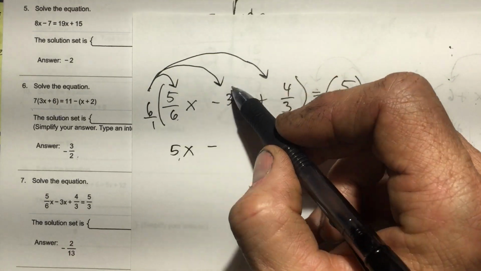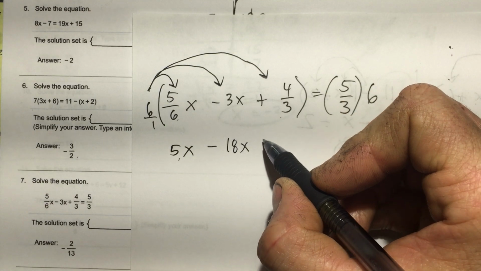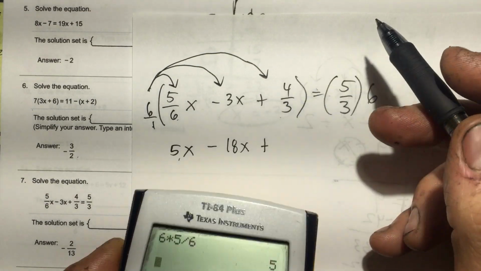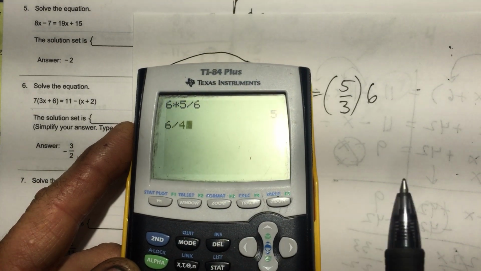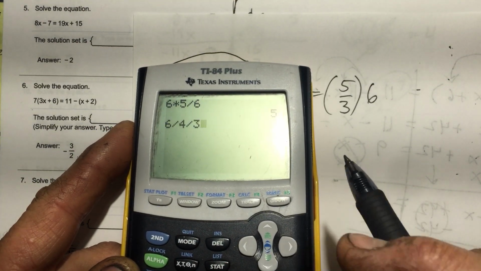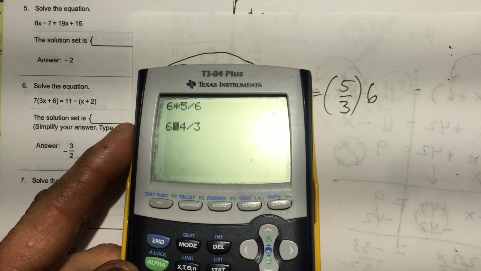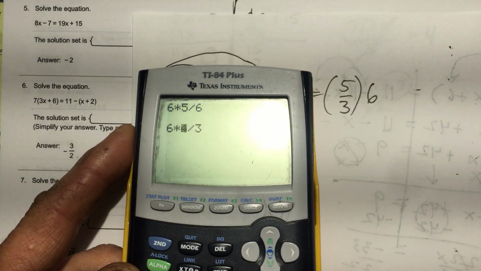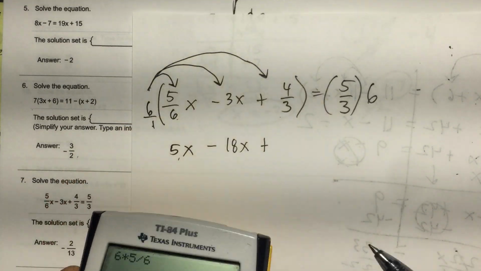Minus, now do 6 times 3x, well, that's 18x. Plus, now 6 times 4/3, all right, 6 times 4 divided by 3. Okay, that's 8.